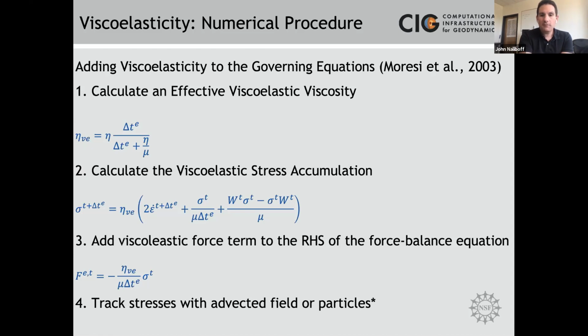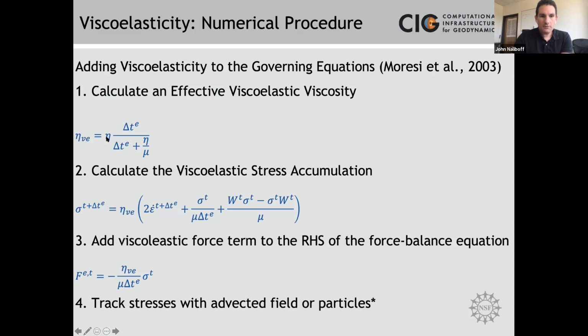Once you've calculated a viscosity related to viscous flow, this could be a fixed linear viscosity, so let's say 10 to the 24, or it could be a viscosity derived from diffusion and dislocation creep, you take that reference viscosity value and you calculate what's known as a viscoelastic viscosity value.